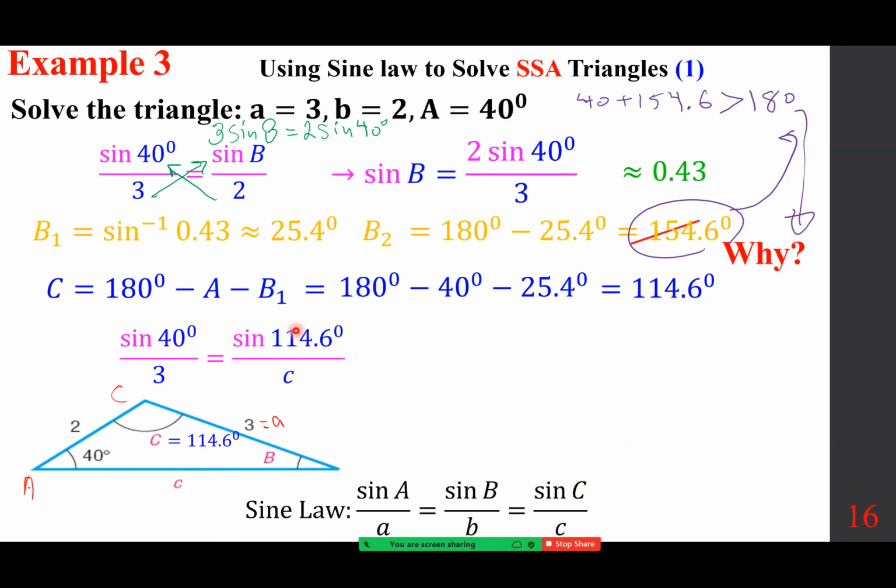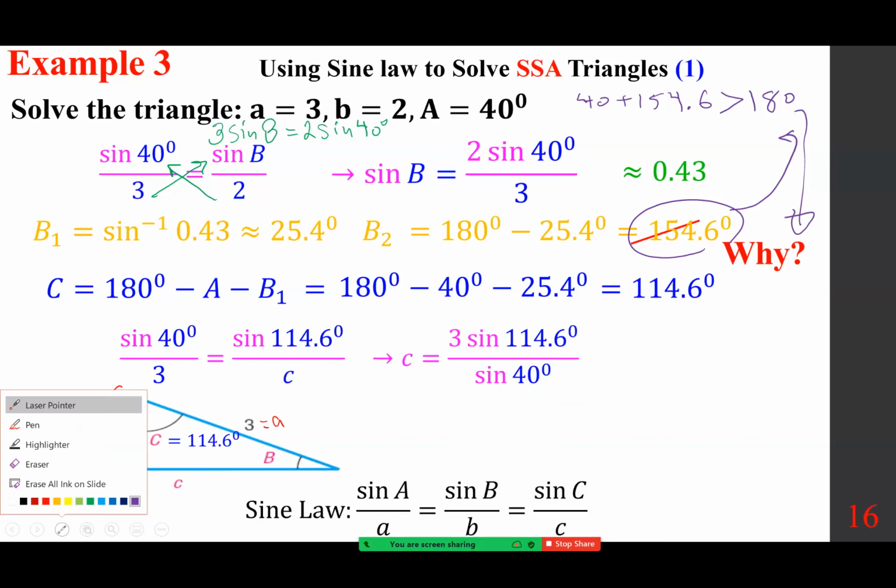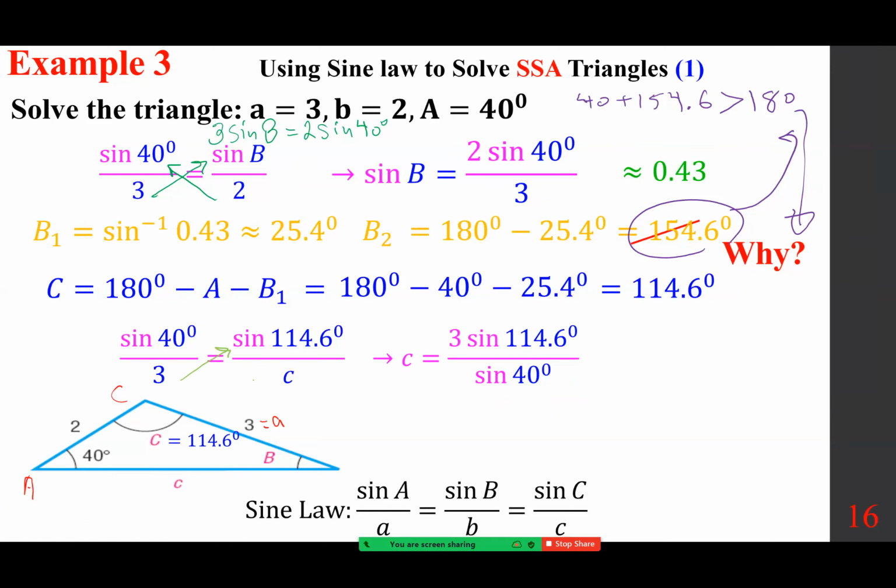Cross product means the c is 3 times sine of 114.6 divided by sine of 40. So cross product will result in this.